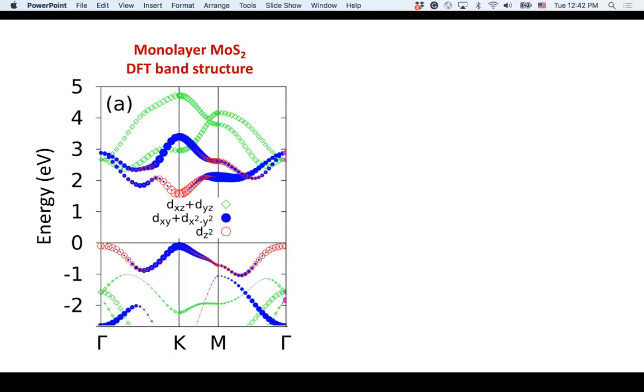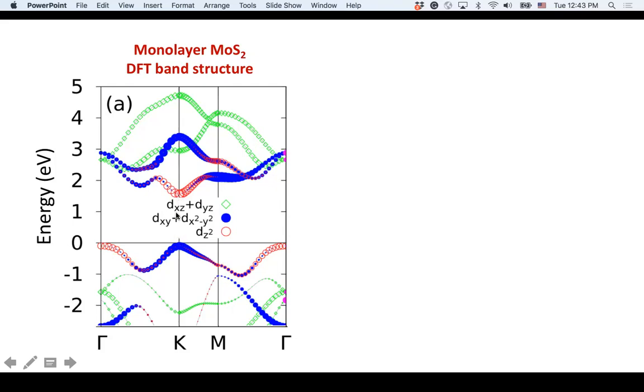The S atom opens this energy gap in the Mo atom. But this is not the band gap yet. This is larger than the band gap. Band gap is from band edge to band edge. So you need to consider the hopping to the K state, and then the gap gets smaller, and this is the band gap. So it's about 1 point something eV.